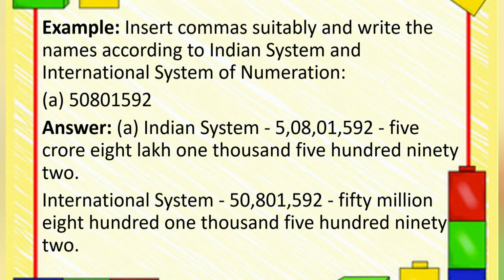We can read it as 5,08,01,592. Now in the international system of numeration, commas are placed after every 3 digits starting from the right. And we can read it as 50,801,592.